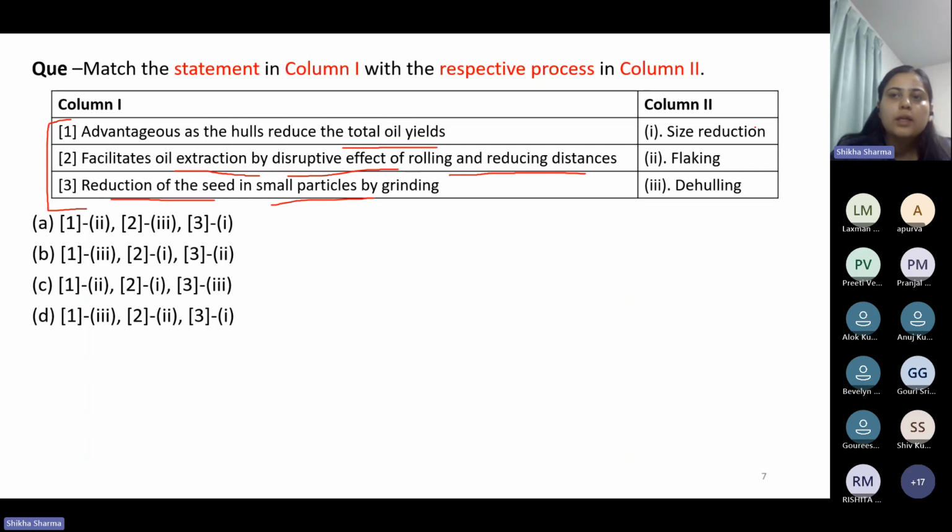Column 2 is about the respective processes: size reduction, flaking, and dehulling. So we need to match the statements with their respective processes.